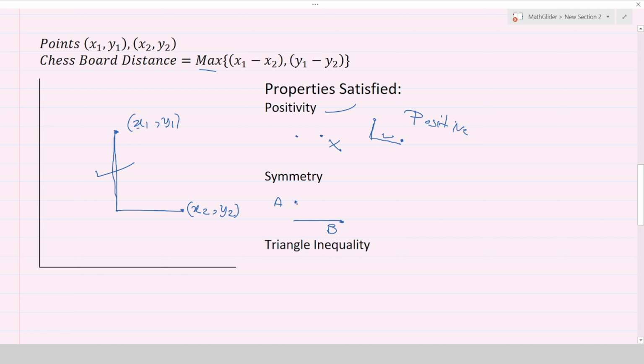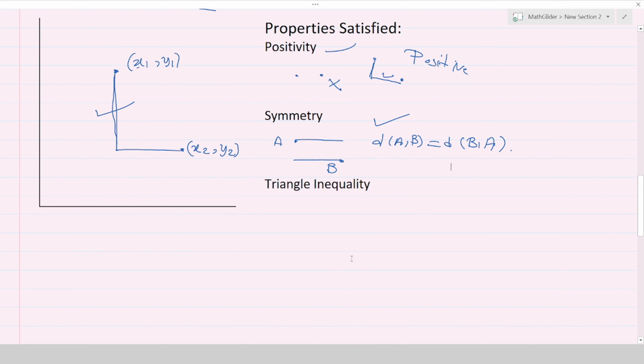If you measure the distance from A to B, it is this, and from B to A it is this. The length of this is the same. So you can say that it satisfies the symmetry property also: the distance between A and B is the same as the distance between B and A. It is easy to see.